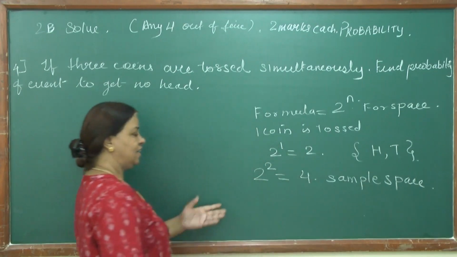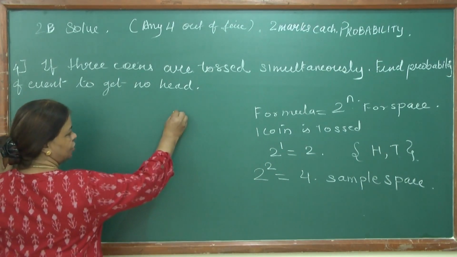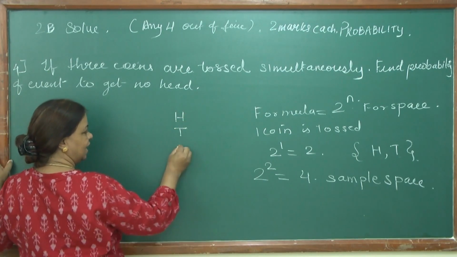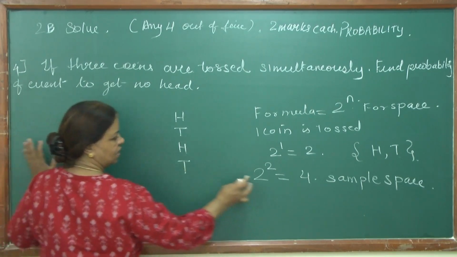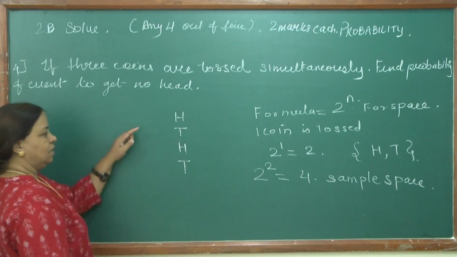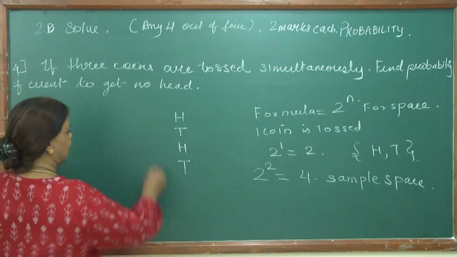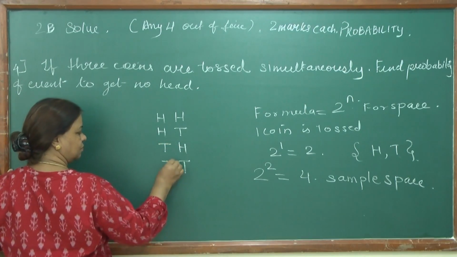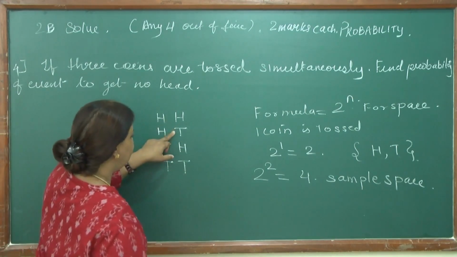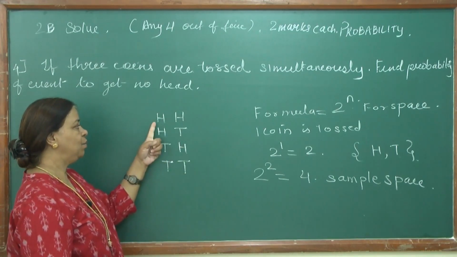Now how to write those 4 sample spaces in a shortcut way? See, first you write head, tail, head, tail. 1, 2, 3, 4 sample spaces. Now after writing head, tail, you write 2 times head, 2 times tail. Now after writing 1 time head, tail, why should you write 2 times?